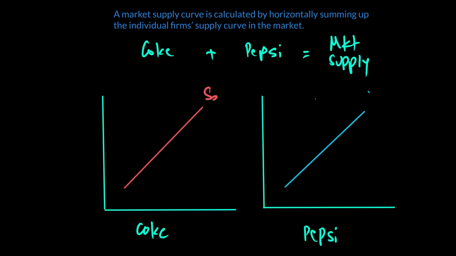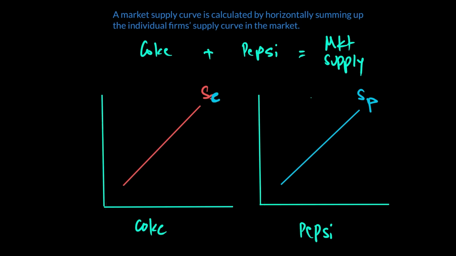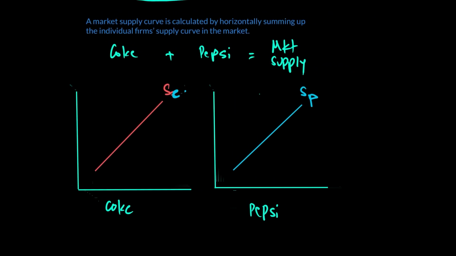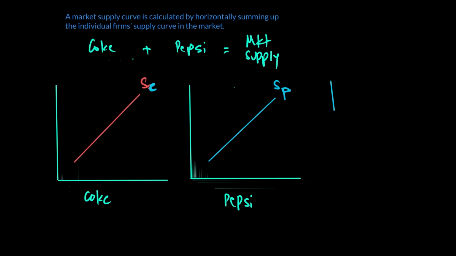Now, if I want to find out the market supply, let's call this SC for Coke and SP for Pepsi. If I want to find out the market supply curve, what I need to do is horizontally sum up these supply curves for each and every price, and that will give me my market supply.